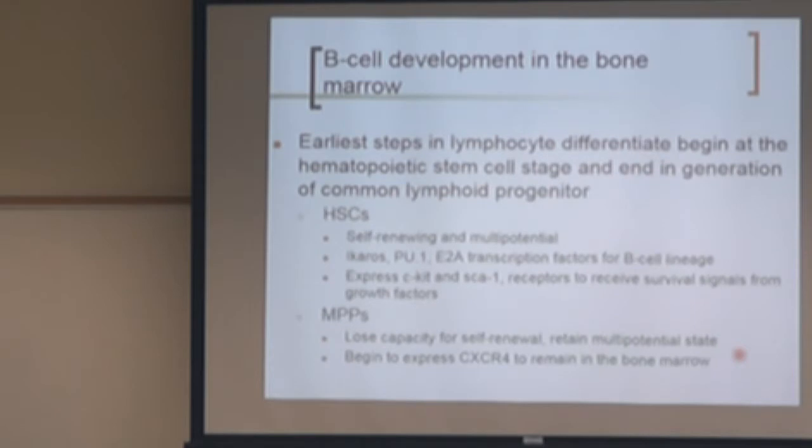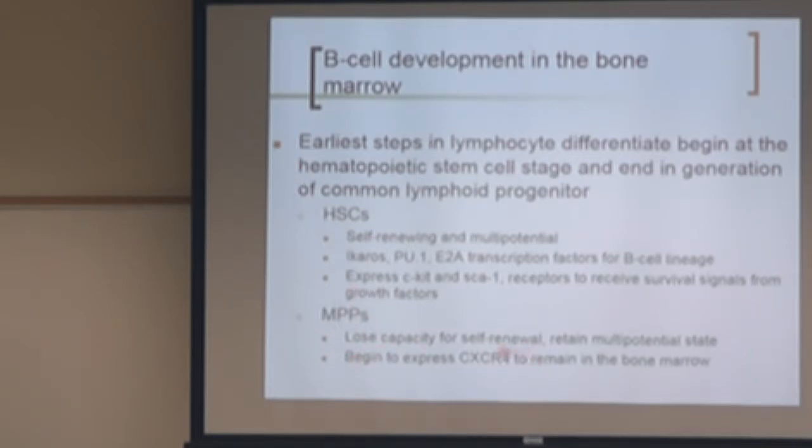And so here's HSCs. You don't need to memorize the different markers, although it is good to know that they express c-KIT and SCA1. The important thing is this first bullet: self-renewing and multi-potential. But all of you probably already know that. What makes a stem cell is that it's self-renewing and has multi-potential. So the MPPs are the next stage in development.